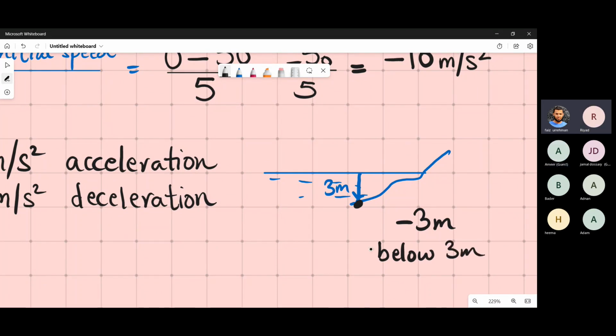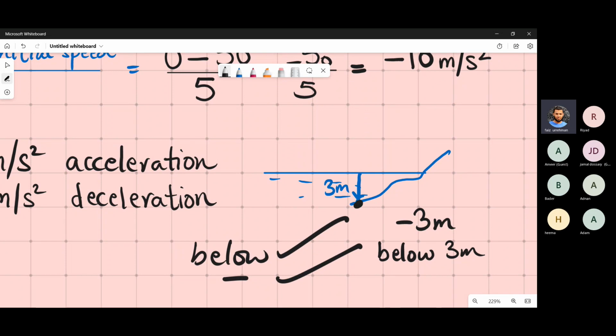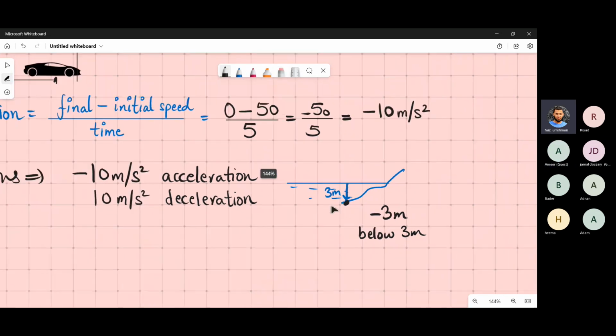You cannot say it is below minus 3. It will not make any sense. If you say below, that is good. If you say minus, that is also good. If we write below negative 3 meters, it will be positive, because two negatives make a positive.